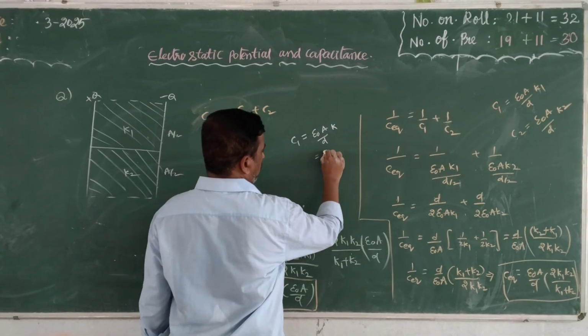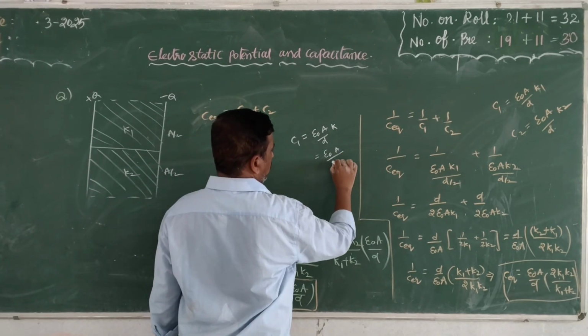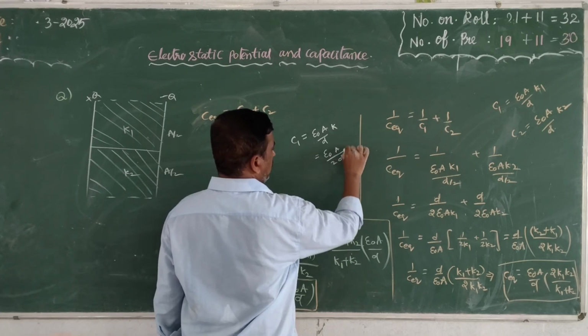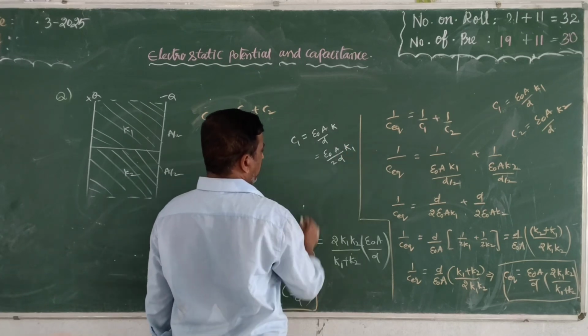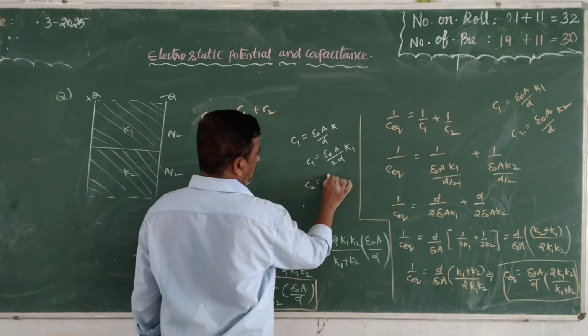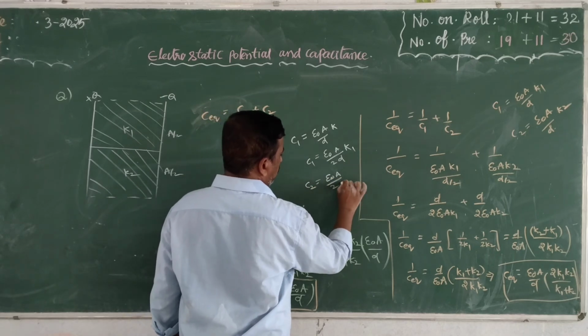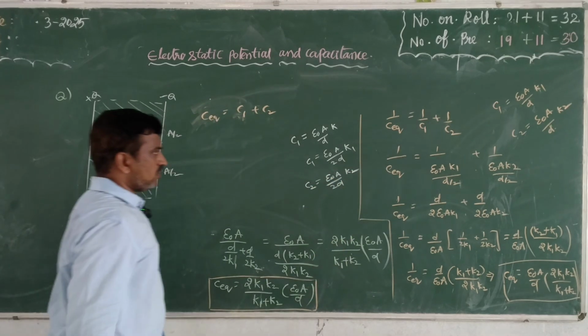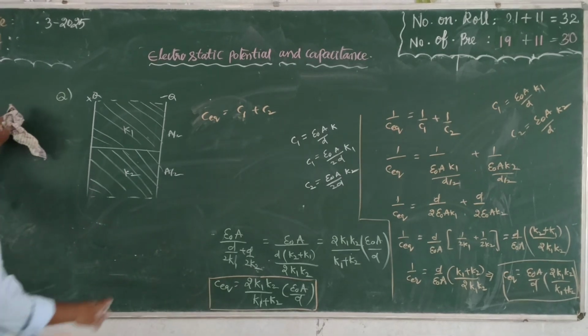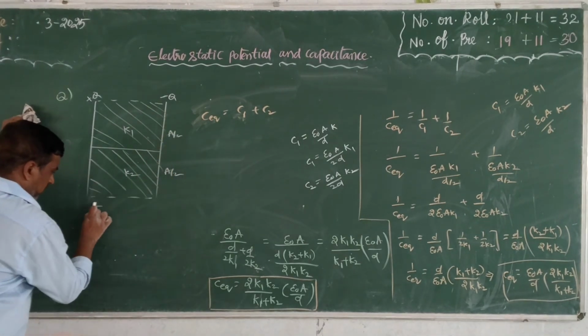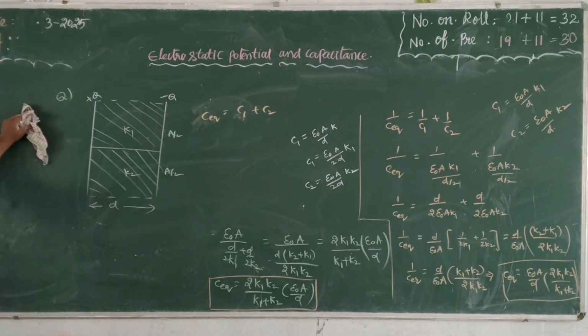So C1 is epsilon naught A by 2D into K1, and C2 is epsilon naught A by 2D into K2. Here the area is A by 2, and the distance is D only. So it is correct.